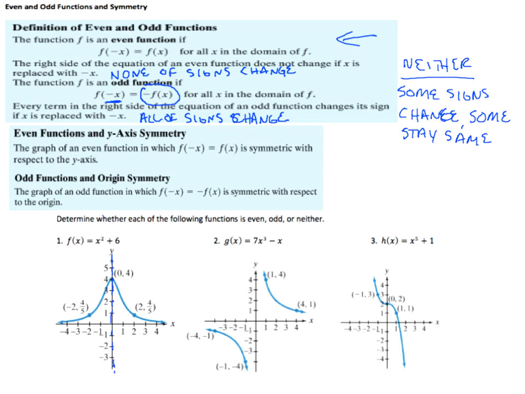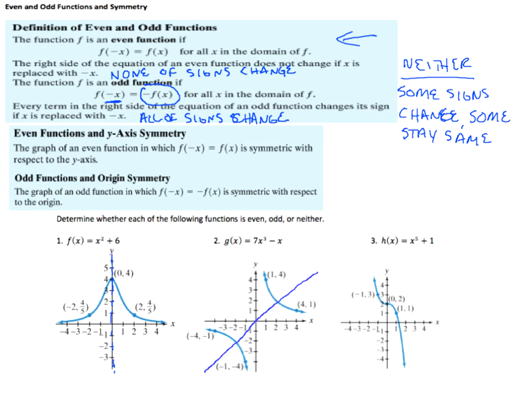Anyway, back to even and odd. What I was saying was, with an even function, you have y-axis symmetry. So it's like your y-axis is a mirror, creating symmetry. Odd functions have what we call origin symmetry. In other words, there is a mirror through the origin.